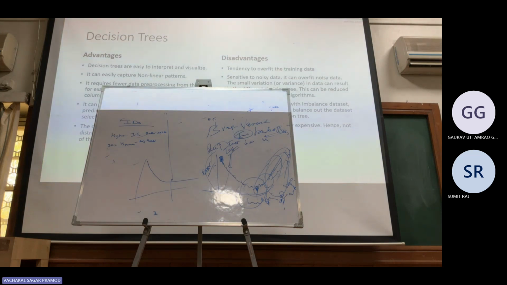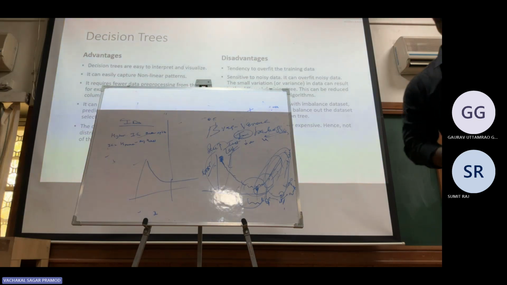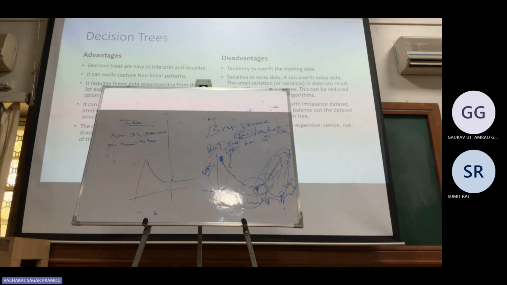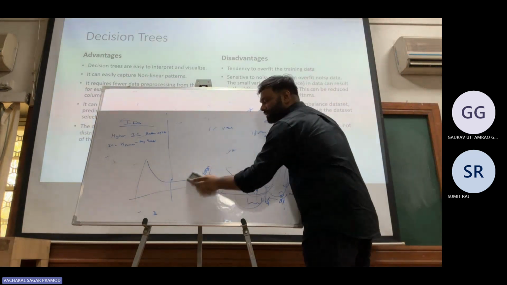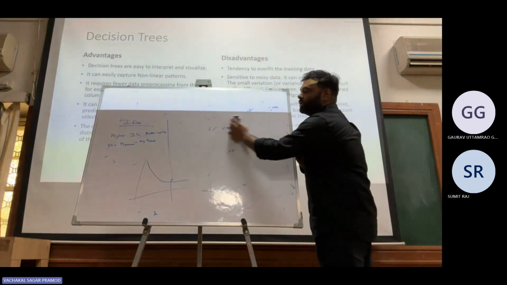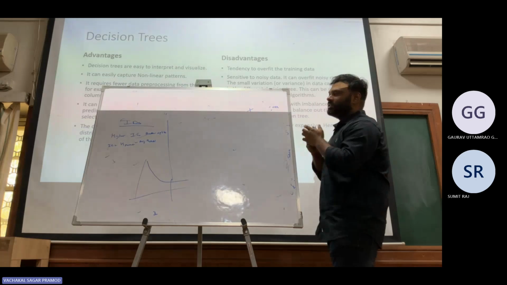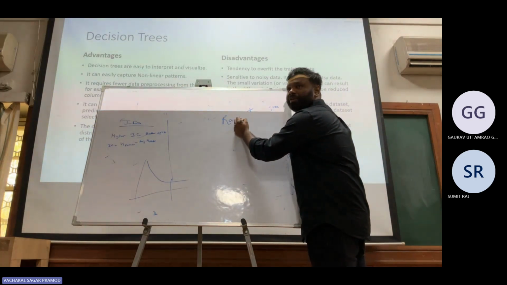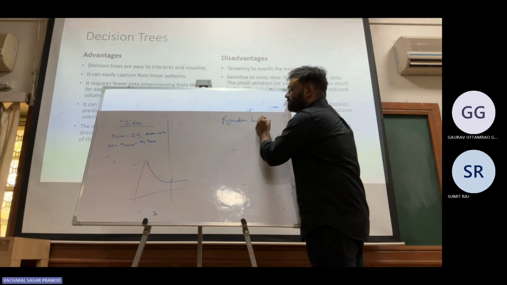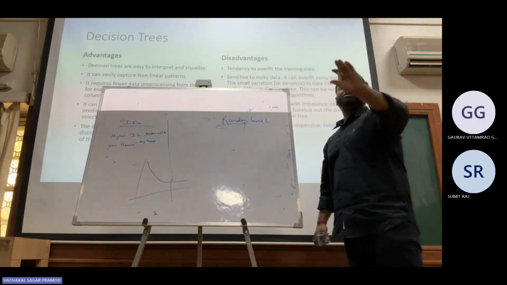And then finally, I take the average of the decision trees. This is called ensembling of decision trees, and bagging. And this leads to another algorithm, which is known as random forest. As the name suggests, a forest is nothing but a group of trees. Random says, I will choose a random root node.